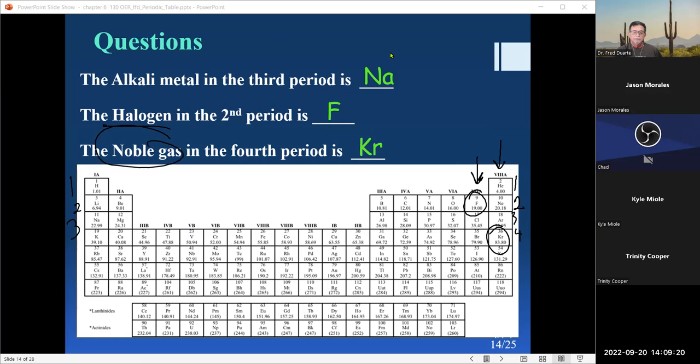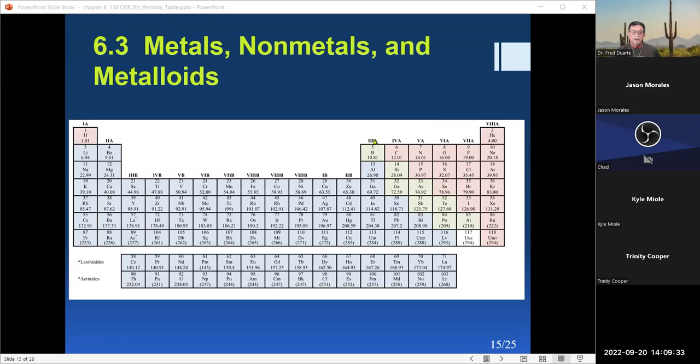All right. So that's how we go about deciphering these questions with respect to naming a certain type of element or determining what the element is. This was a rehash of what we did earlier in the chapter, where you're able to determine which ones are metals, which ones are nonmetals, and which ones are metalloids. Remember, metalloids are those elements that have properties of both metals and nonmetals, and those are denoted here in green.